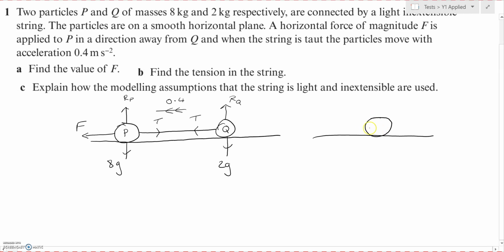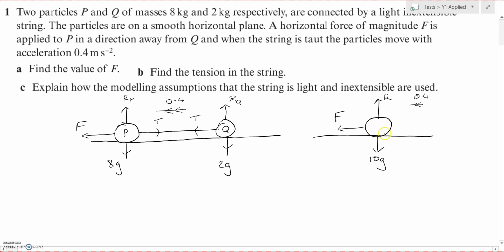Their combined mass is 10 kilograms, so they're going to have a weight of 10g. They're going to have a net reaction, which I'll call R. There's a tension going to the right and a tension going to the left, and because both these tension values are the same, they're going to cancel out. Then you've got a forward force of F newtons. And this whole system is accelerating to the left at 0.4 meters per second squared.